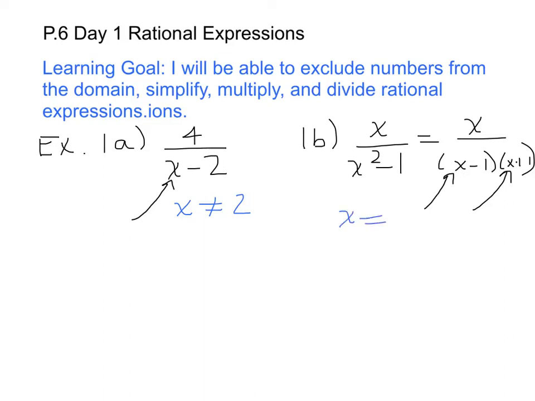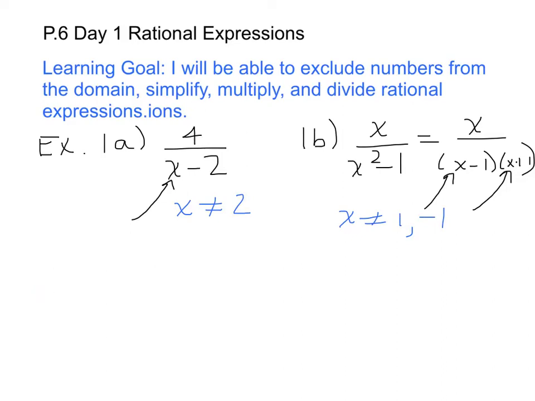So x cannot equal 1 and it cannot equal negative 1. Now, there are cases where there isn't any number that will make it 0. So in that case, there won't be any exclusions.